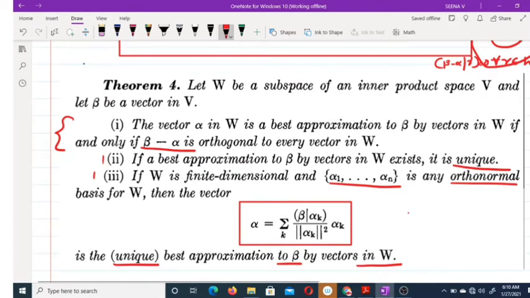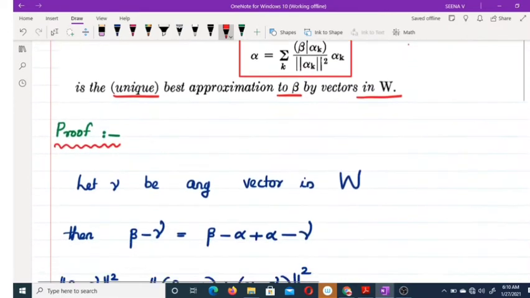If W is a subspace of an inner product space V and let beta be a vector in V. And we have to prove the first one: alpha is a best approximation to beta by vectors in W if and only if beta minus alpha is orthogonal to every vector in W. We are going to prove that one.